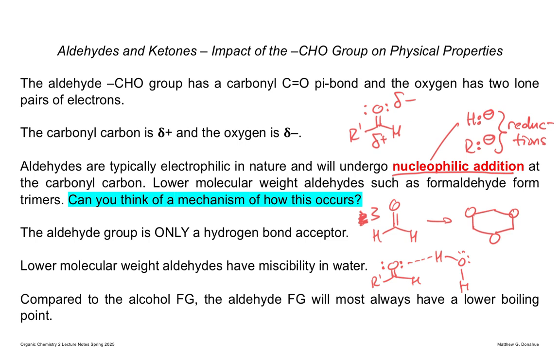So it says compared to the alcohol, the aldehyde will almost always have a lower boiling point. So what that means is, if you're, say, comparing a 3-carbon alcohol, so propanol, versus the aldehyde propanal, propanal will boil lower because the alcohol has hydrogen bond donating and accepting properties.